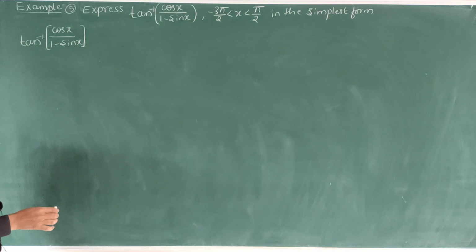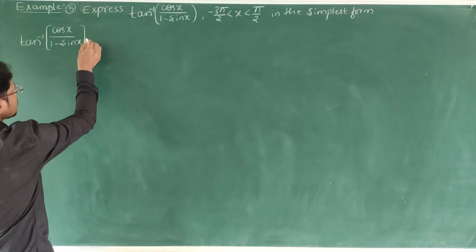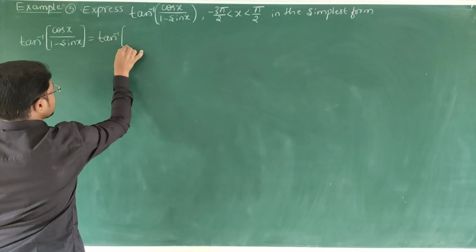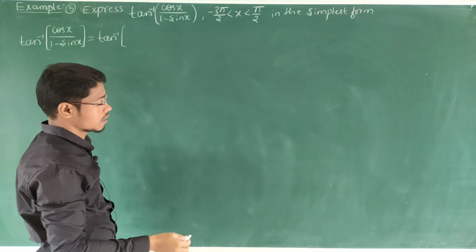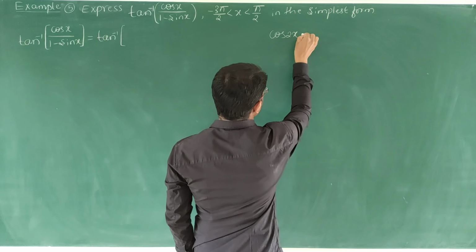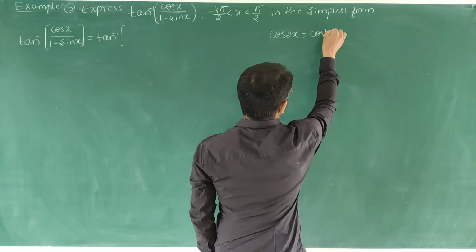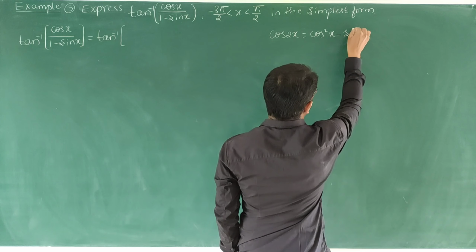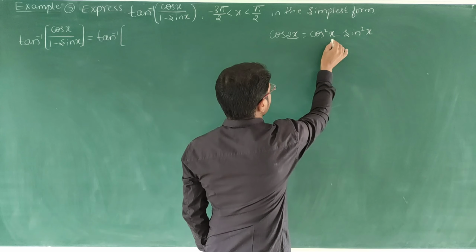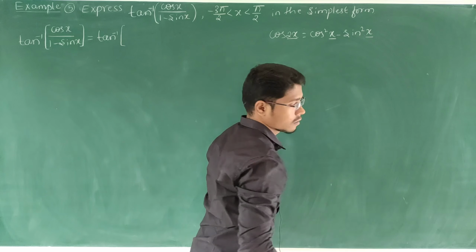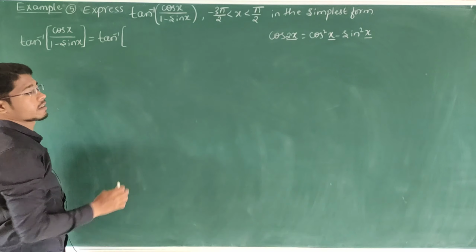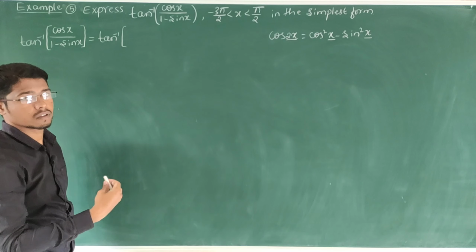I will use the half angle formulas for this. We know cos 2x is equal to cos square x minus sin square x. Since cos x is there, I will take it as half x, that is x by 2.